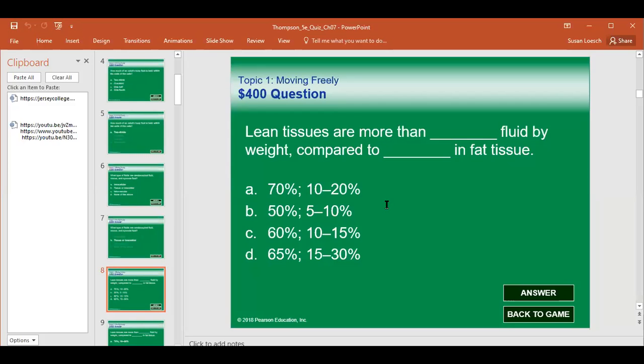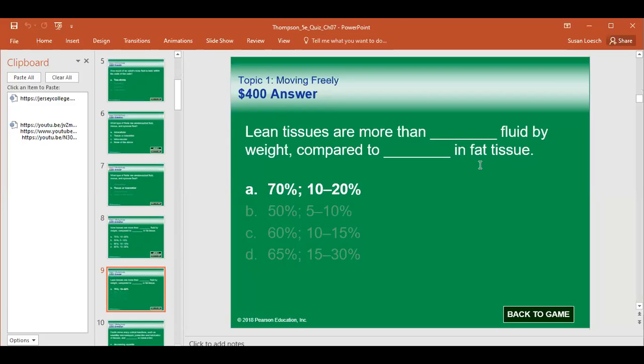So fat tissue is going to be extremely low because fat and water don't go together. All right, 70% lean compared to 10 to 20% fat.